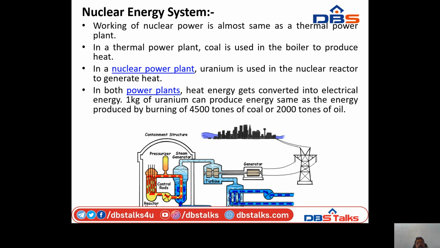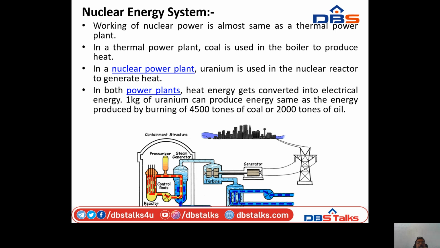Nuclear energy. The working of a nuclear power plant is almost the same as a thermal power plant. In a thermal power plant, coal is used in the boiler to produce heat.